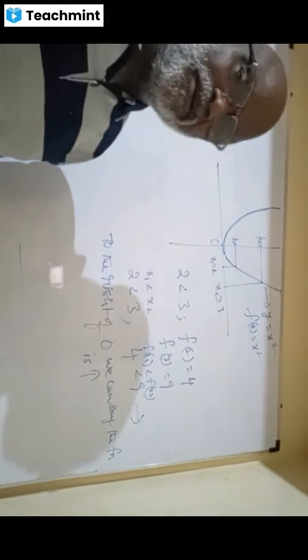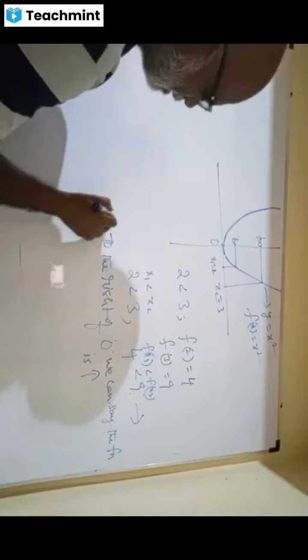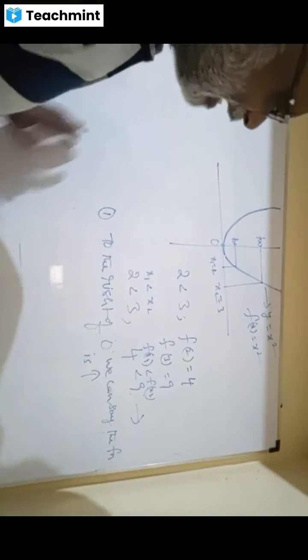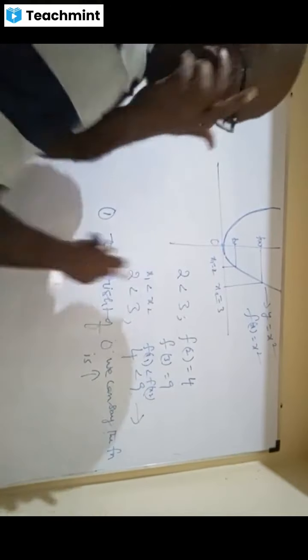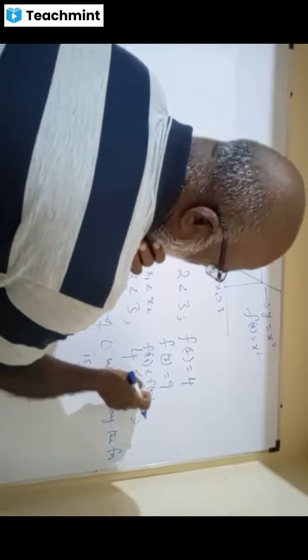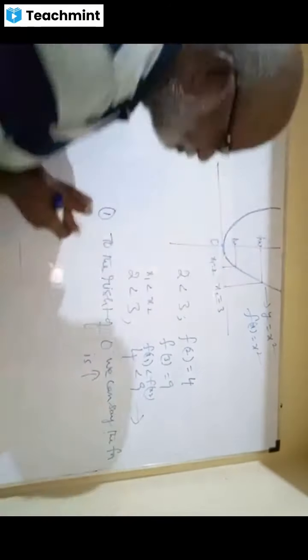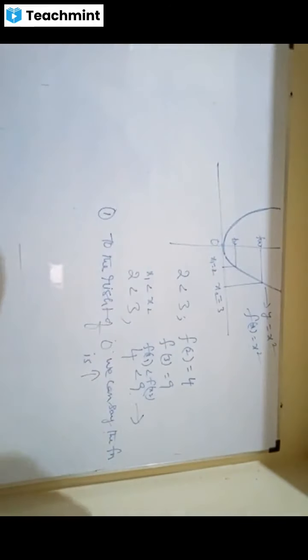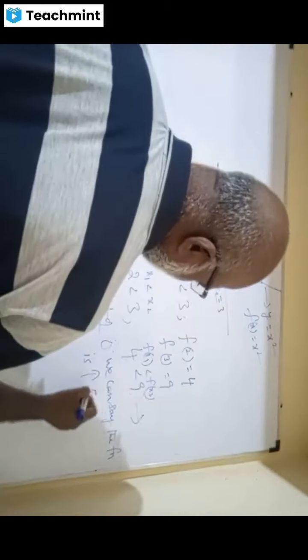This is number one point. We are very clear with these numbers. x1 is less than x2, and f of x1 is less than f of x2. So it is strictly increasing, no doubt, because it is not equal. F of x1 is less than f of x2, so strictly increasing.